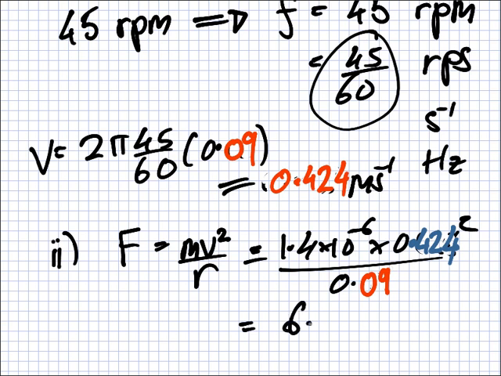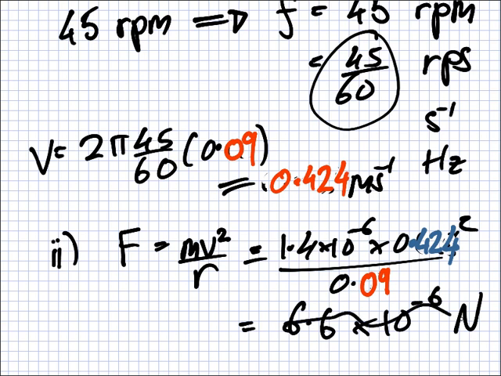6 point 6, multiply 10 to the minus 6. Yeah, we got the same answer. For what? It's 1.4. It's the 2.7. Ben is wrong? Yeah.